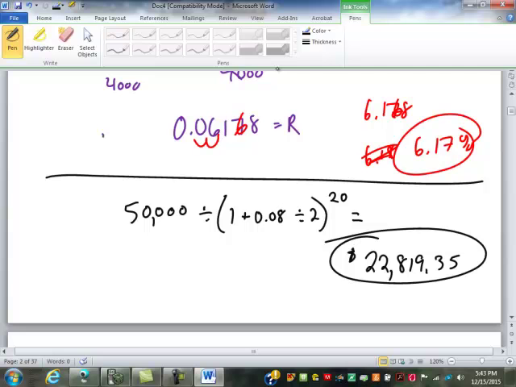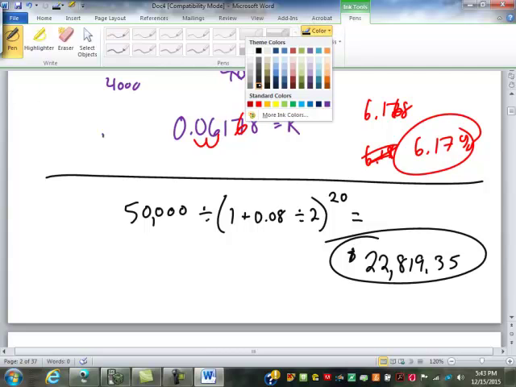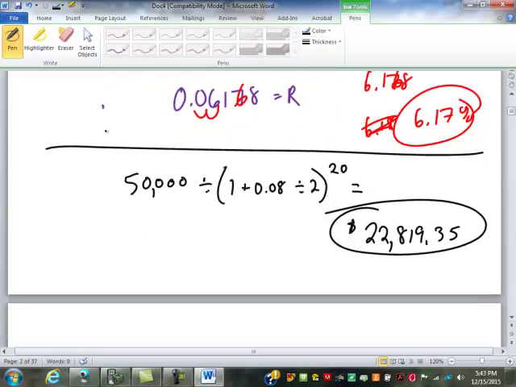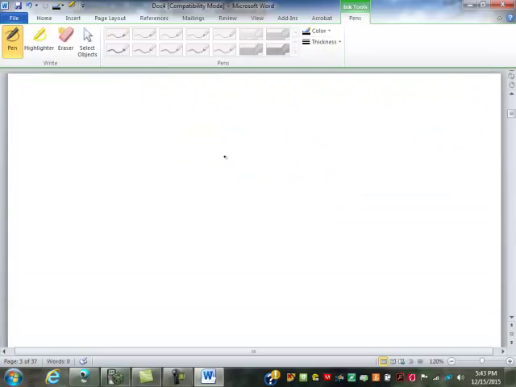Okay, 20 through 25. Some of these I will work through. Some of these I am just going to identify which type. Now remember, there are two main types of problems here. The first one is if we are paying in. So we are paying in right now.